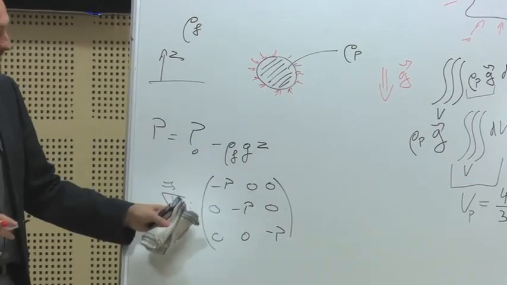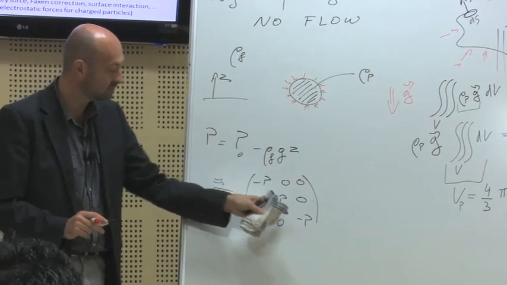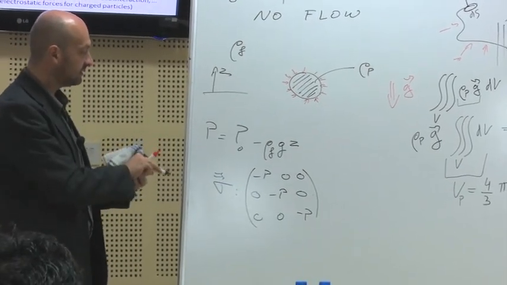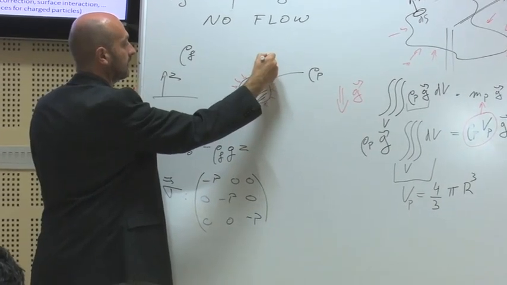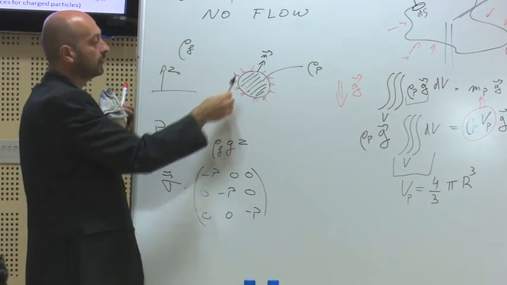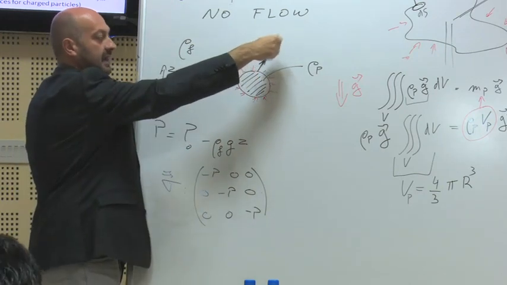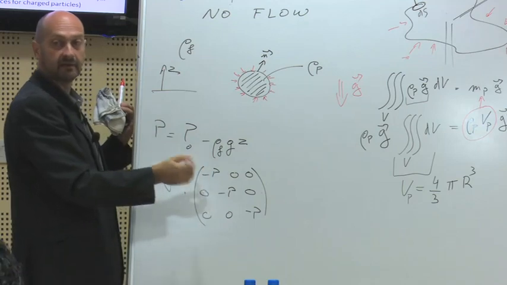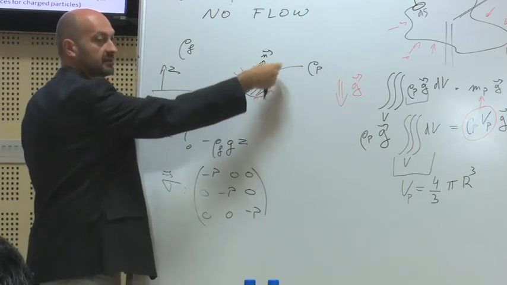This is the stress tensor related to the pressure. You see it's minus P, minus P, minus P, which means that if you take n, the unit vector pointing outwards of the sphere, P is always acting along minus n, which is pushing on the surface.